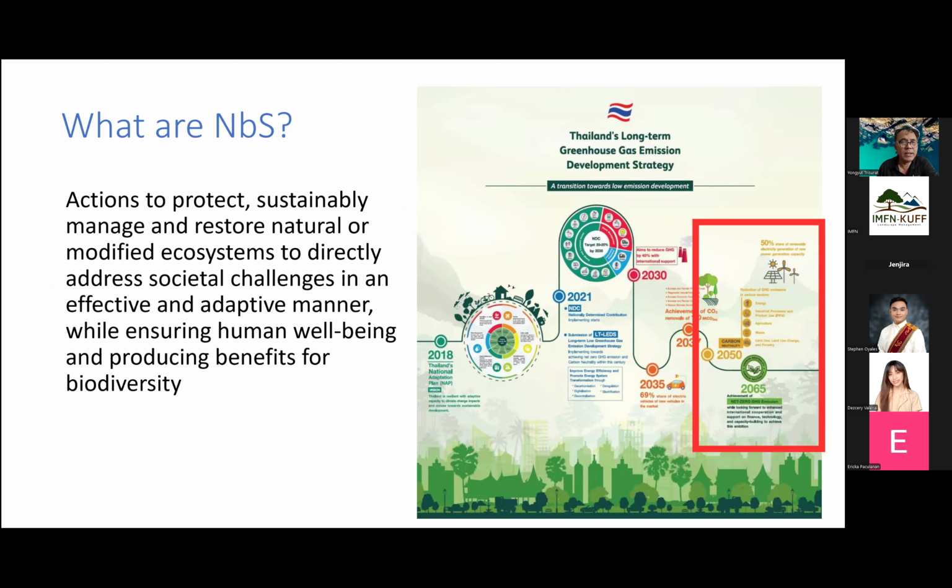So if we compare the forest landscape restoration principle and nature-based solutions, they are quite similar because we want to manage and restore natural or modified ecosystems. But nature-based solutions also include the socio-economic component and human well-being in the practice.